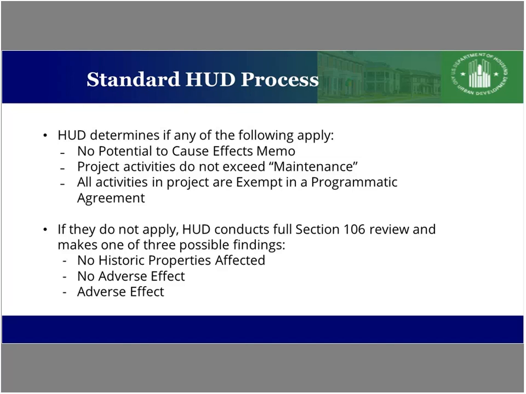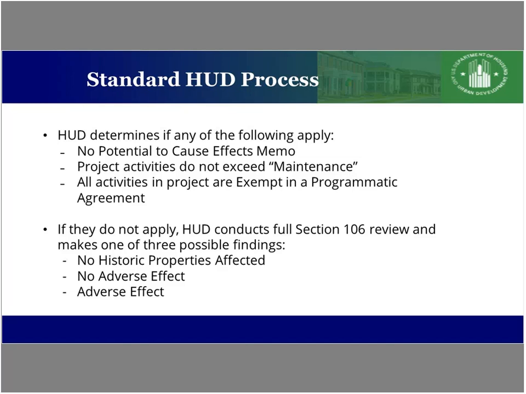Or there may be activities that are included in a programmatic agreement. And we'll discuss all three of those options later on. But if those apply, then the following standard process would not be necessary.